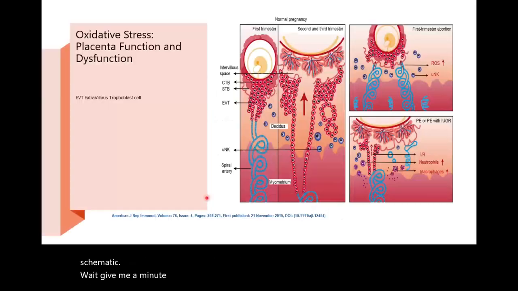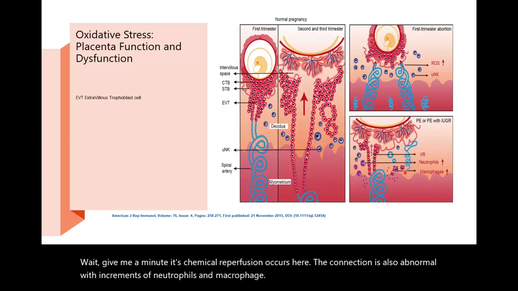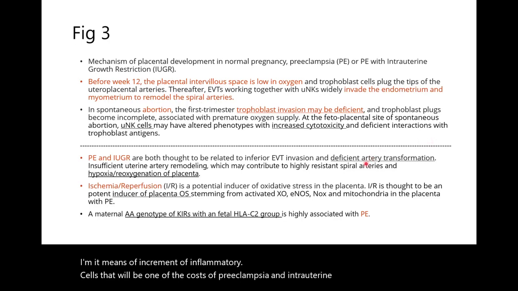Ischemic and reperfusion occurs here. The connection is also abnormal with increments of neutrophils and macrophage. It means an increment of inflammatory cells that will be one of the cause of preeclampsia and intrauterine growth retardation.